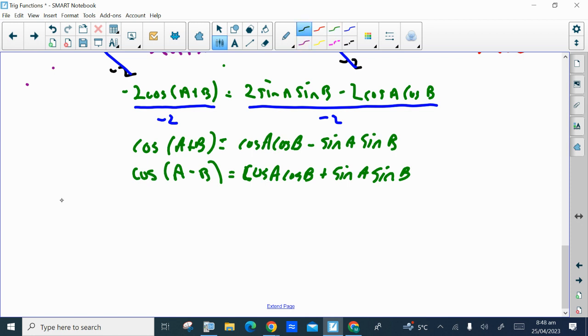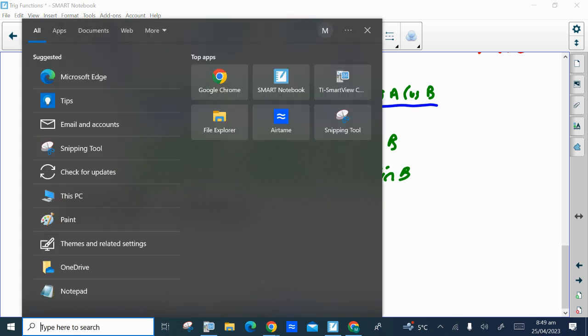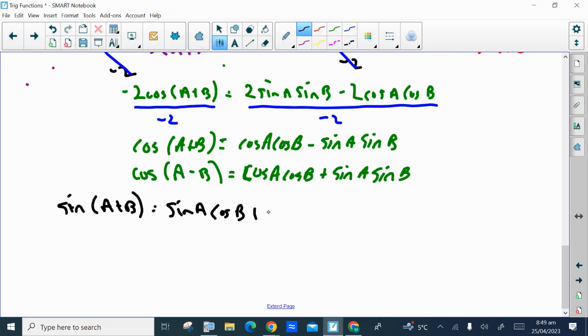We also saw that the sum identity for sine, the sine of a plus b, is sine a cos b plus cos a sine b.